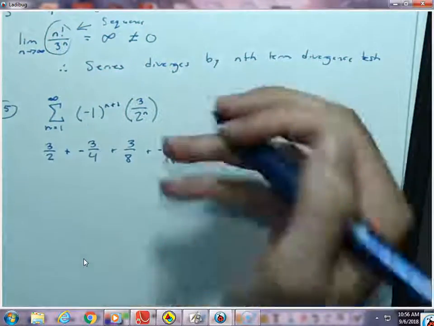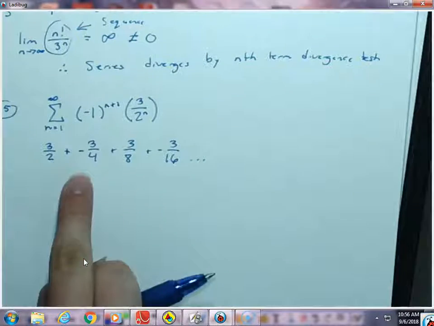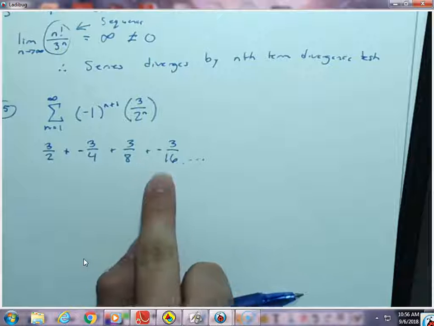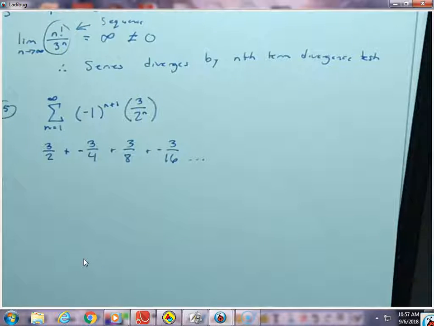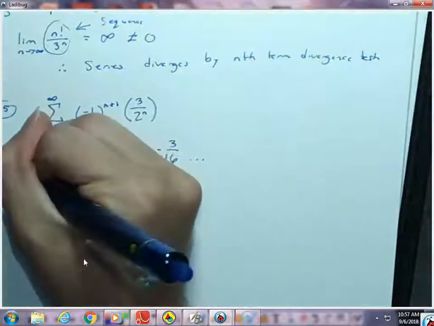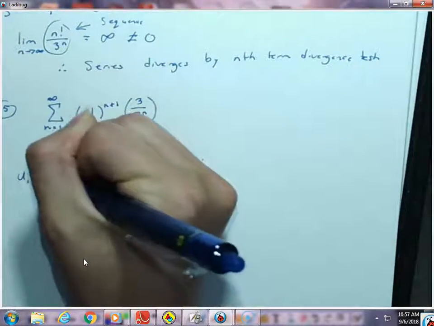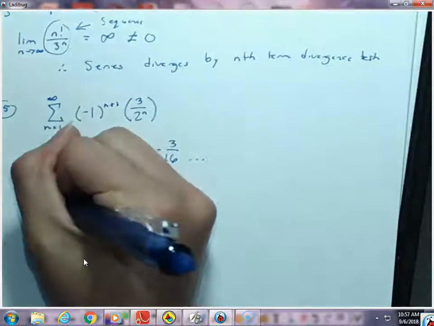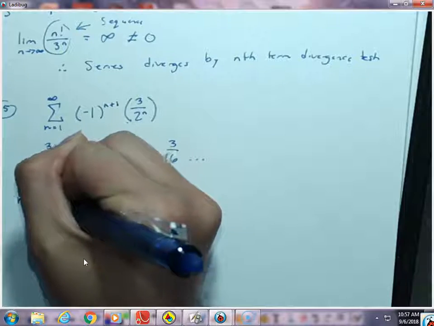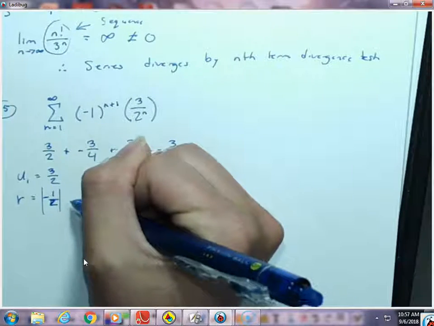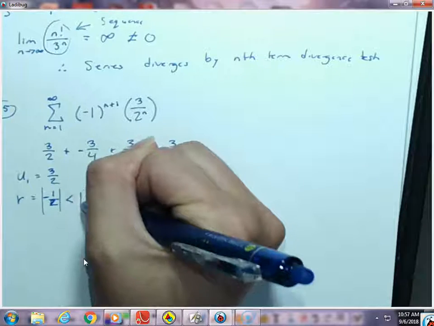So just looking at that, I can already tell that even though it does go back and forth between positive and negative, it is getting smaller and smaller, so it's going to be converging to 0. So I know that it will be able to converge, and so u sub 1 is 3/2, r is just -1/2. And so another way you can tell that it converges is because the absolute value of 1/2 is less than 1.